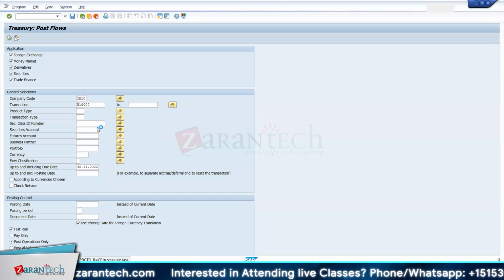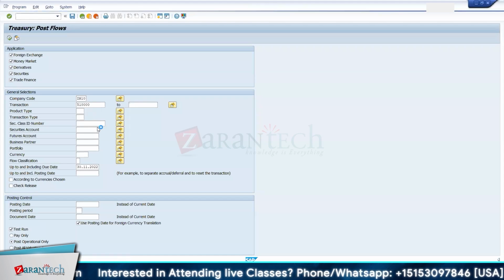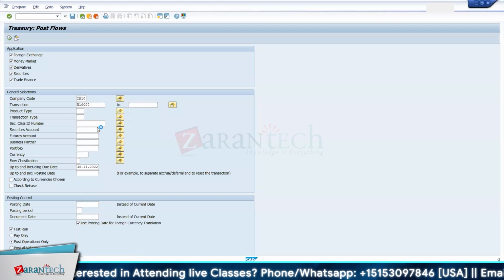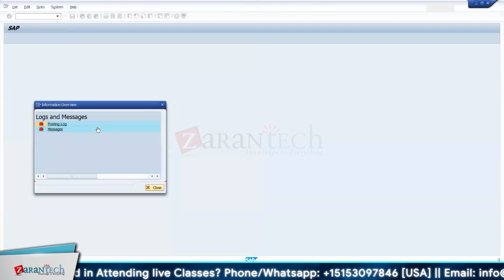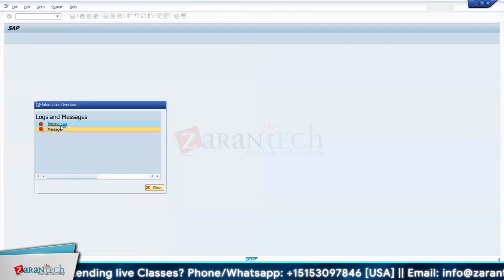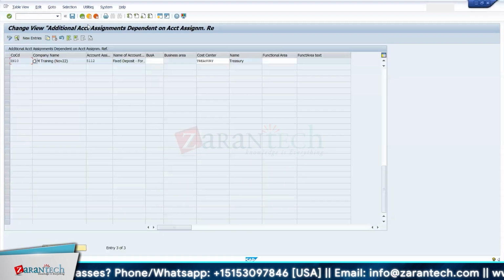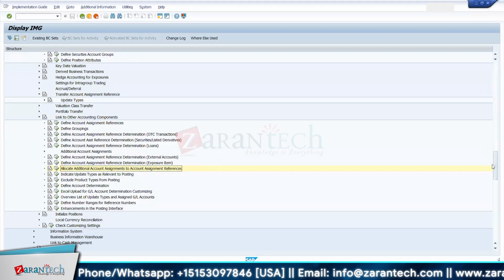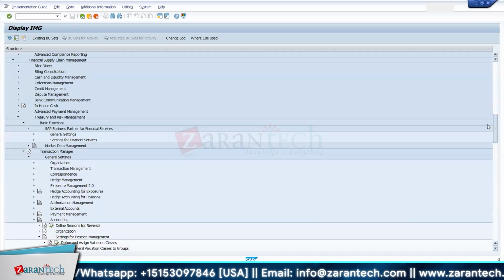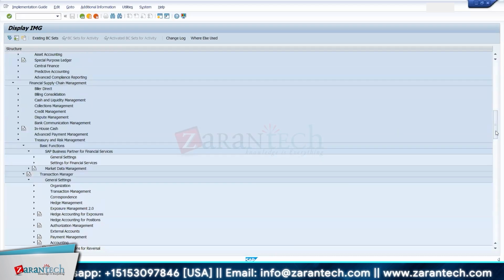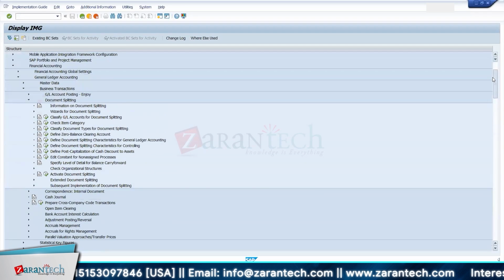So, first transaction, it will take time. Okay, so some version 0 not defined. So, some basic configuration of CO. When you configure this, all these small things you have to do.